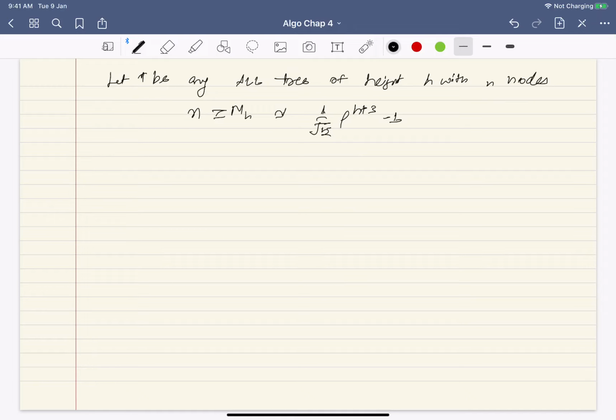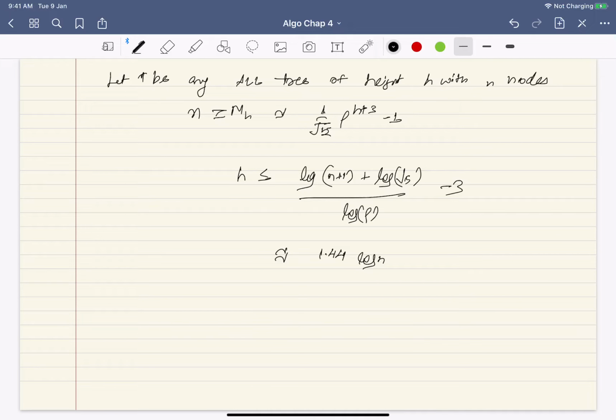If you try to solve this, you will get h less than or equal to log n plus 1 plus log root 5 divided by log rho minus 3, and this is close to log n by log rho, which is close to 1.44 log n. So that means h is bounded by a constant factor times log n.